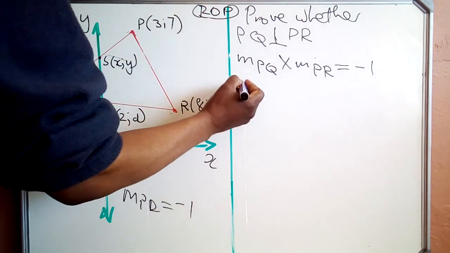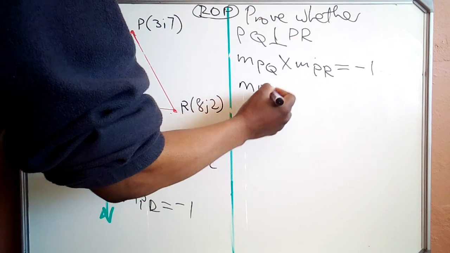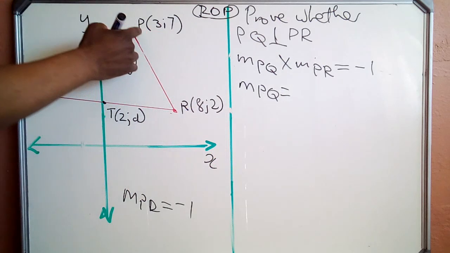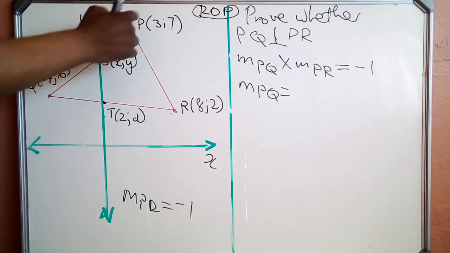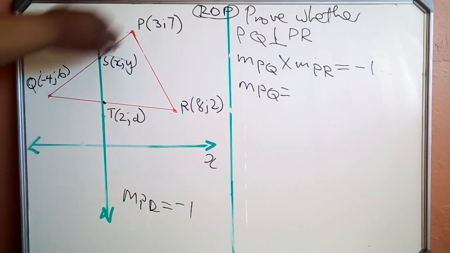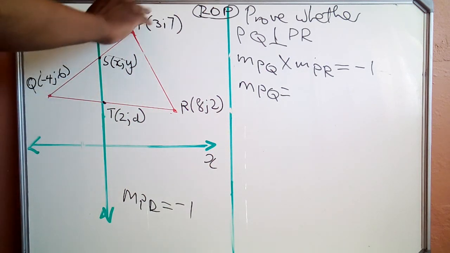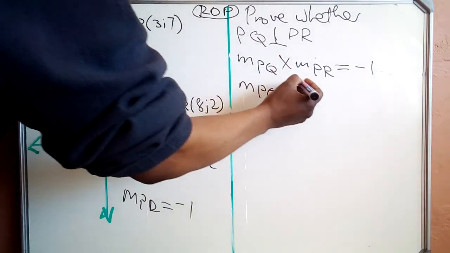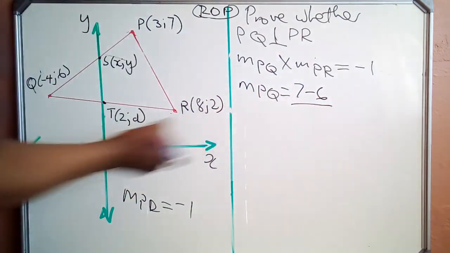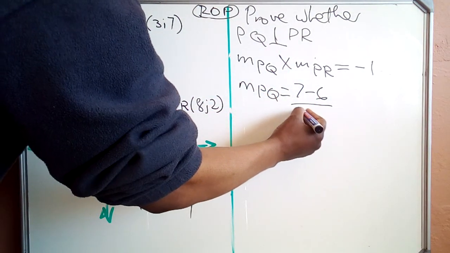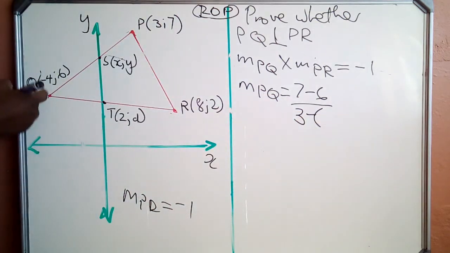The gradient of PQ is equal to y2, remember, we're moving from P to Q. We can see already that this one is going to give us a positive gradient because we're going that way. It is a positively sloping gradient. So you've got y, which is 7 minus 6, and then the other one is going to be 3 minus negative 4.